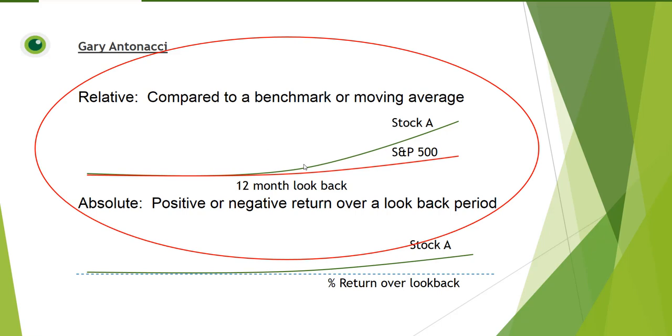Now, a gentleman that many may know, Gary Antonacci, likes using something called dual momentum, which combines both relative and absolute. So how would that look? Well, he would grade the relative strength, and he may also then say, look, I can't buy any securities that don't have a positive return over a certain look back period. And that might help more with the risk management during periods of heightened volatility like 2008 or 2000.